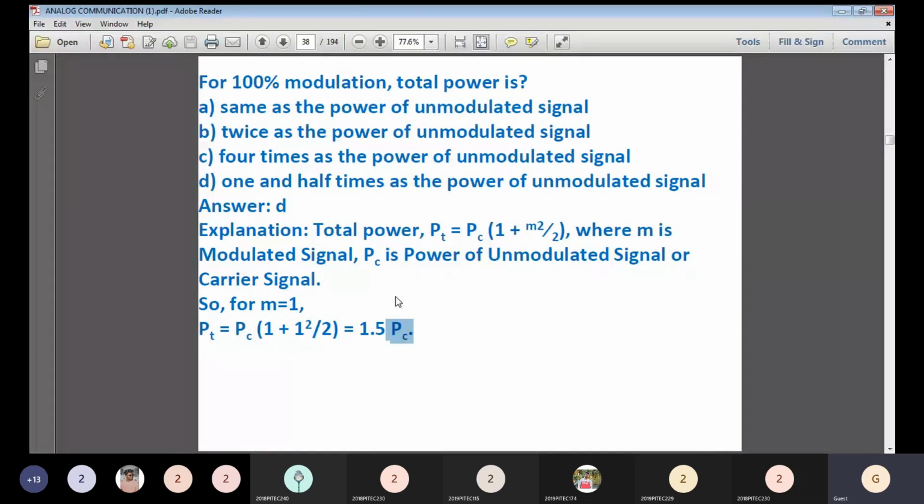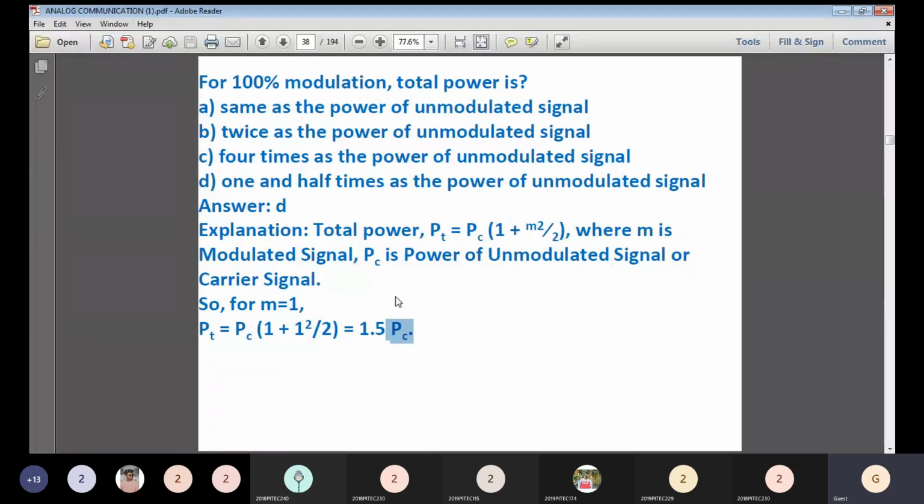Then modulation index and the three classifications of modulation: under, critical and over. Next, power calculation and current calculation. Next, the classifications of amplitude modulation: double sideband, single sideband and vestigial sideband modulation. Based on that, we have solved nearly 10 to 15 problems.